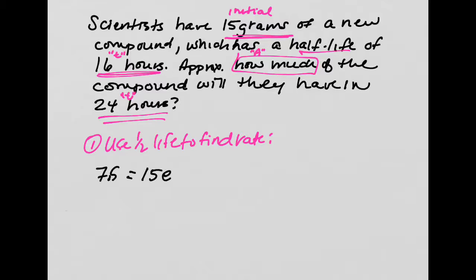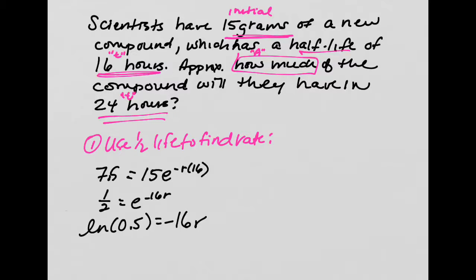But 15e to the negative r times 16, where 16 hours is the half-life. And we're going to go ahead and solve. 1/2 equals e to the negative 16r. Natural log of a half equals negative 16r. So the rate is approximately 0.0433.